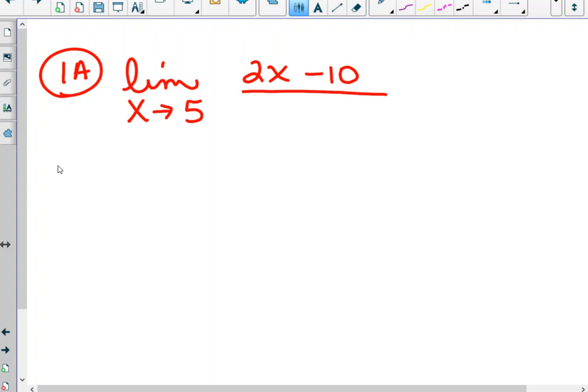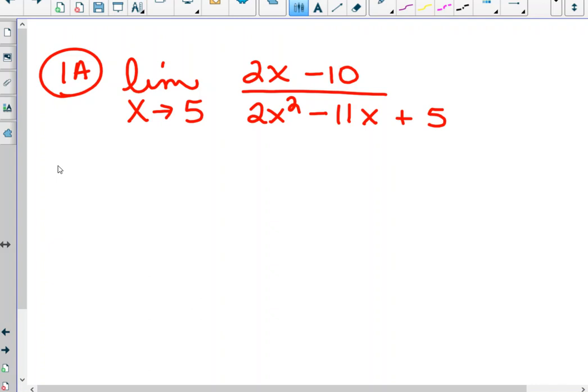Wait, let me do this real quick before I mess it up again. And this will be 2x squared, 11x. Okay. This should work.